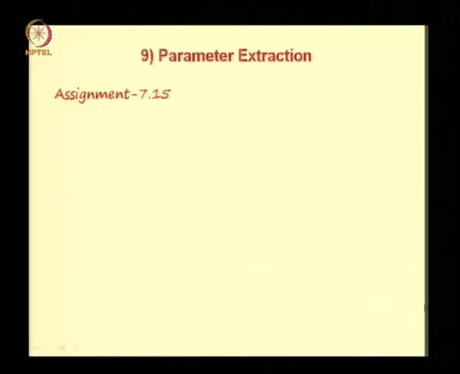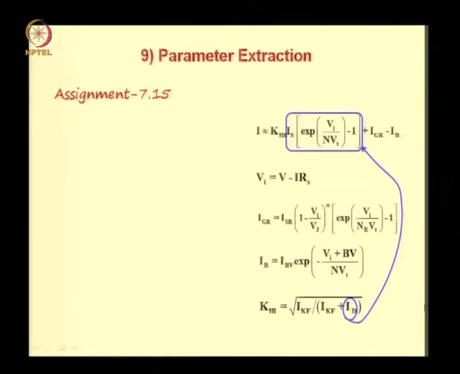Now, before we illustrate the parameter extraction process with our spreading resistance example, here is an assignment. We had talked about the current voltage model, the static current voltage model of a real diode, and we had put down this expression in the module on introduction.